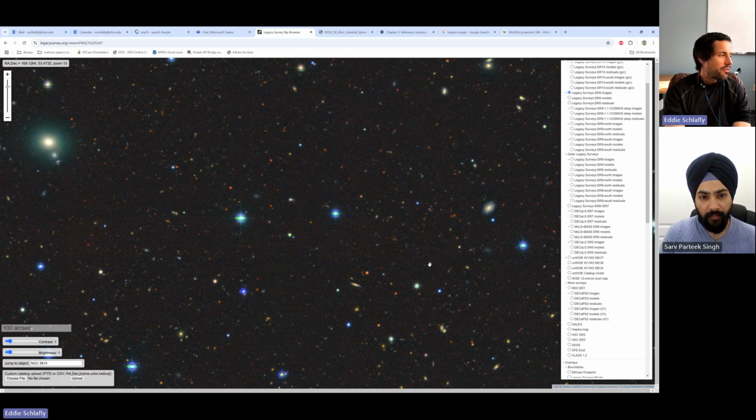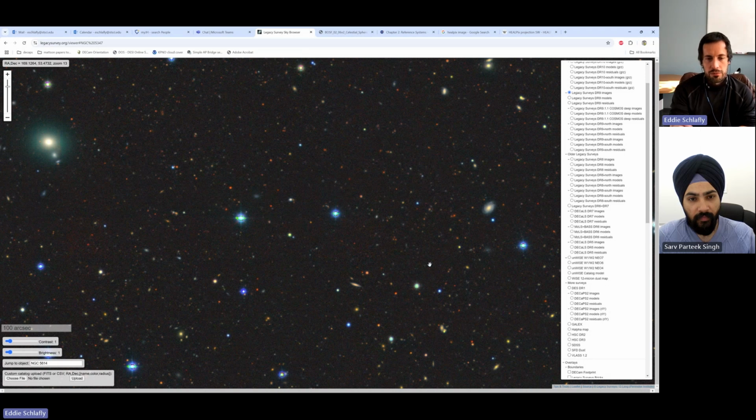We talked a little bit last time about redshift, but it turns out that if you look at something that's really, really far away, the universe has expanded since the light from that object was emitted, and that makes the wavelengths longer.